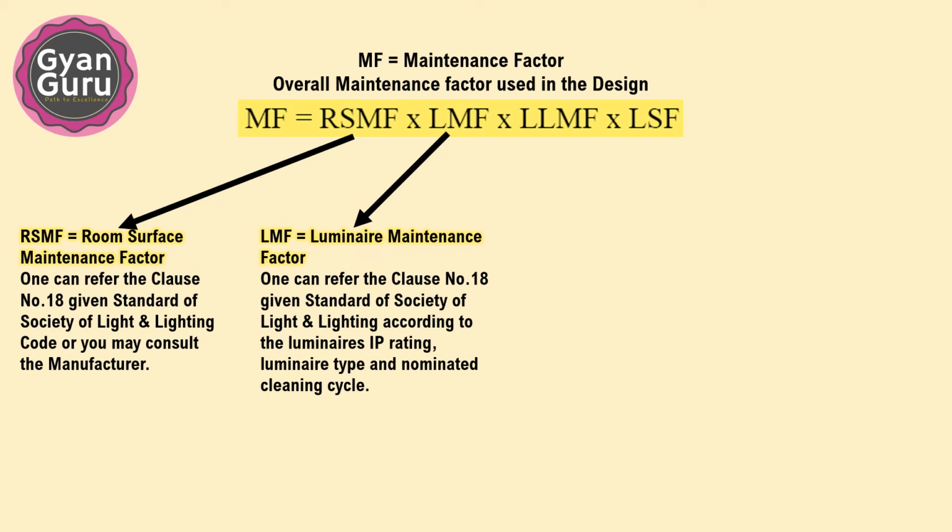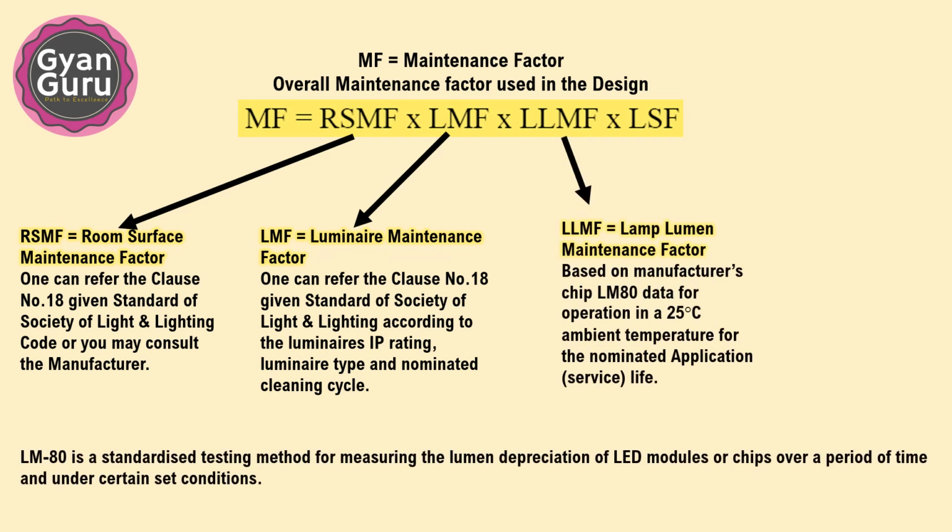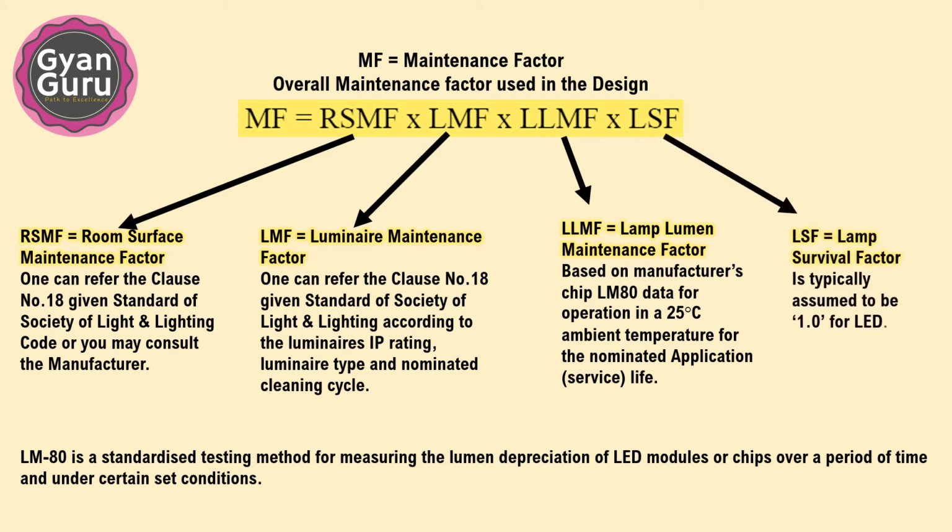Next is the lamp-lumen maintenance factor. This factor can be taken from the manufacturer's LM80 test report. The LM80 test report tells you about the depreciation of the luminaire over a period of time under certain conditions. Lamp survival factor for LED is usually considered 1.